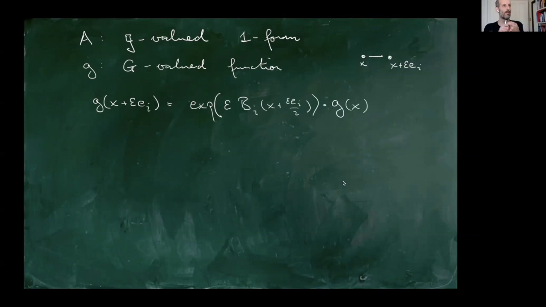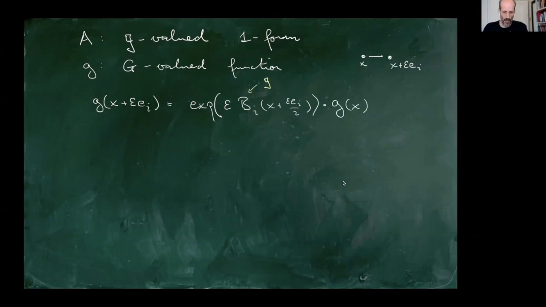Right? So two elements that are very close in the group G differ by something which is very close to the identity. And if it's very close to the identity, I can write it as the exponential of something very small in the Lie algebra. So I'll write it as an exponential of epsilon B. And again, B belongs to the Lie algebra.